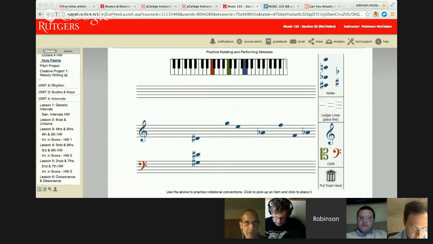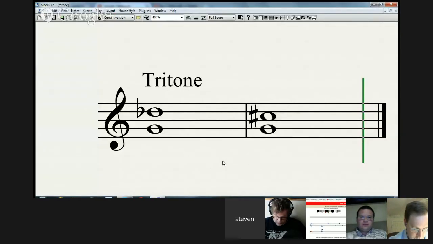I put up, let's see if you can see this, 2 tritones. The reason I did this was because I've seen that the most common mistake is to count half steps first, and give an answer based on that.